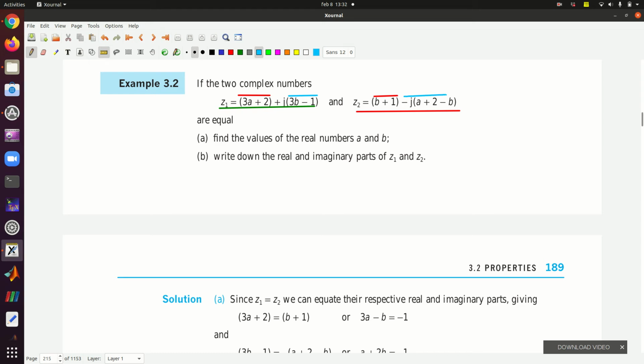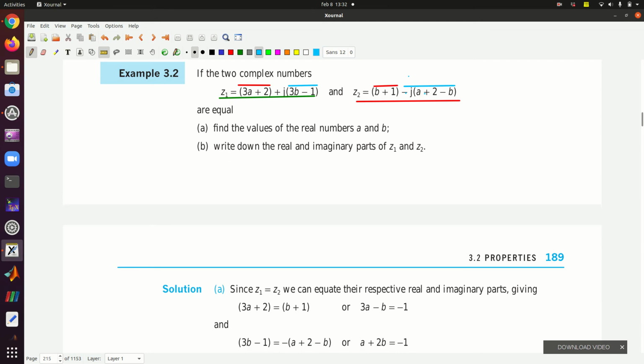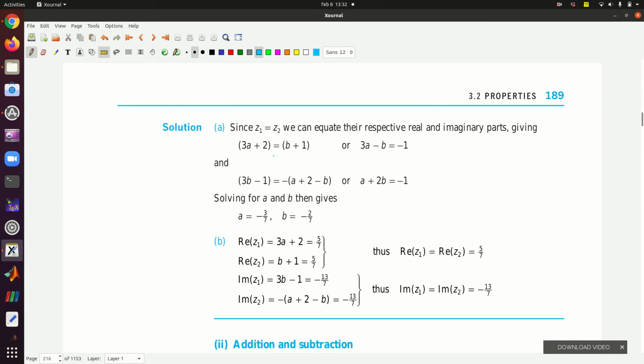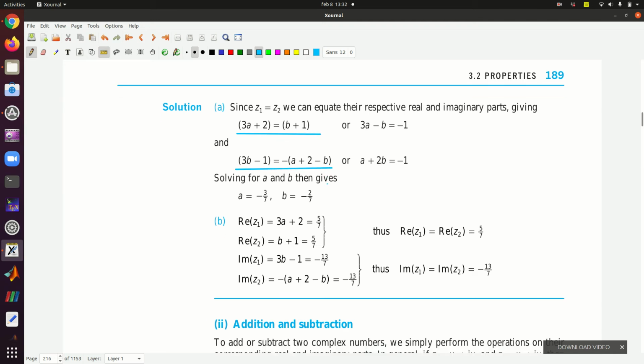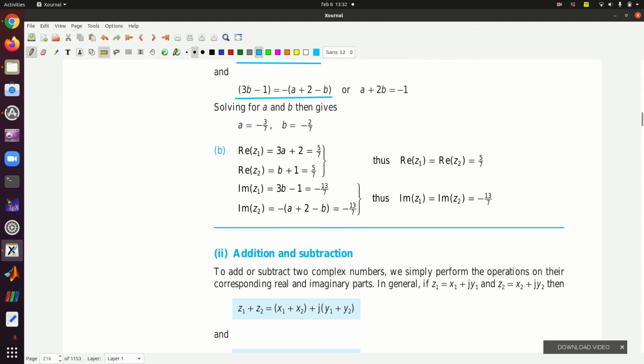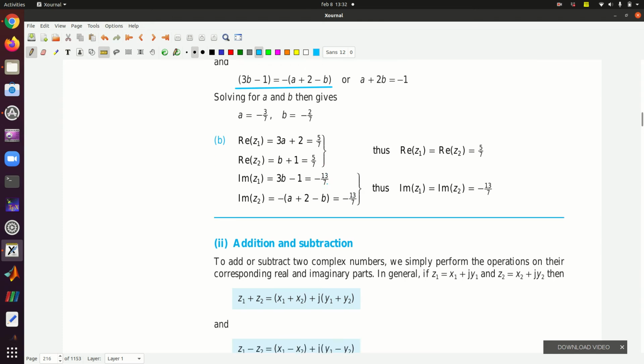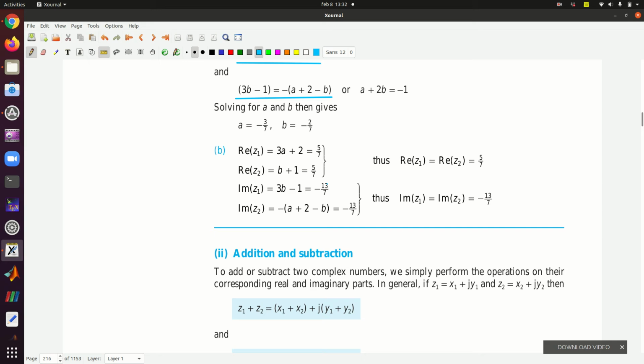Don't forget the negatives. Okay, negative a plus 2 minus b. So that's all they do here. They equate the real parts and the imaginary parts, and then you solve that simultaneously, or whichever way you want, and then you get the solutions.